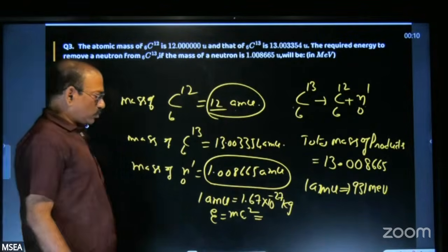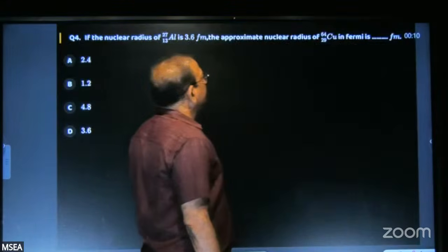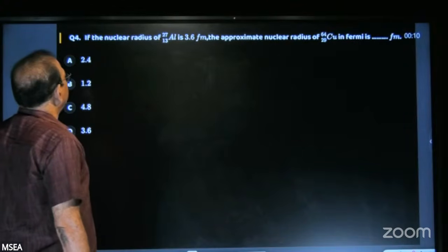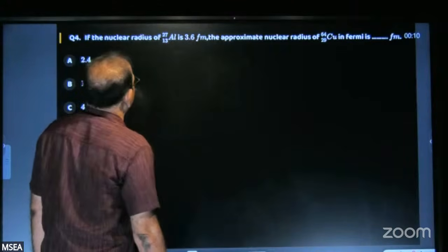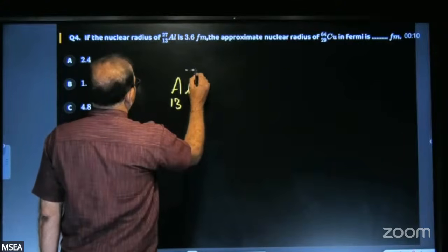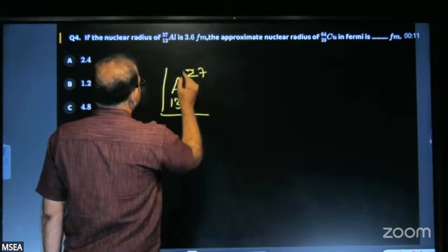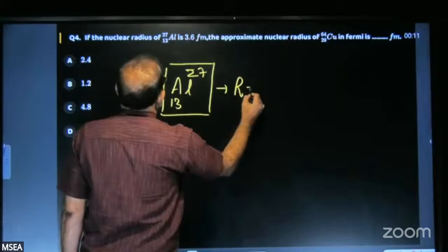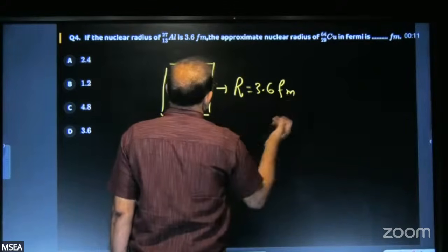Okay, I'm moving into the next problem. This is a property of nucleus. The nuclear radius of aluminium 27 is given as 3.6 Fermi.